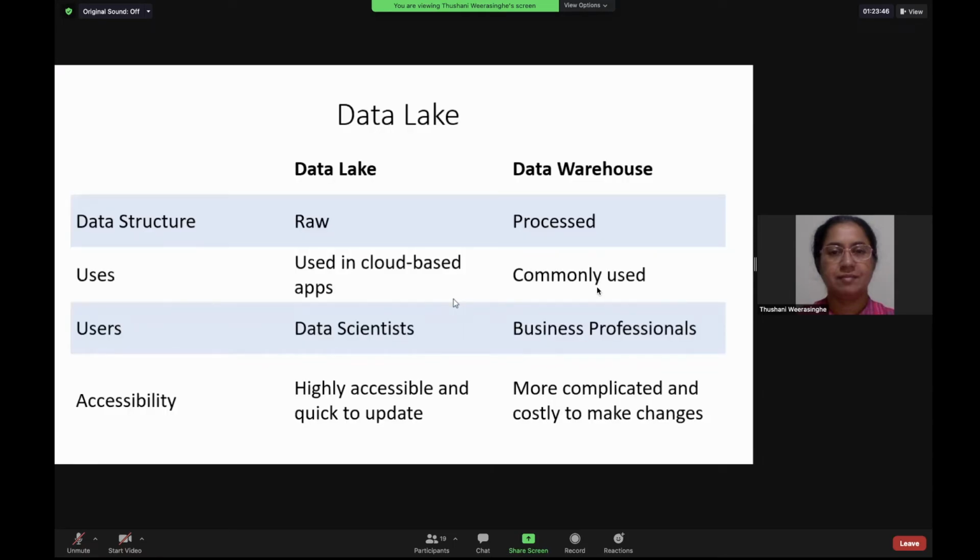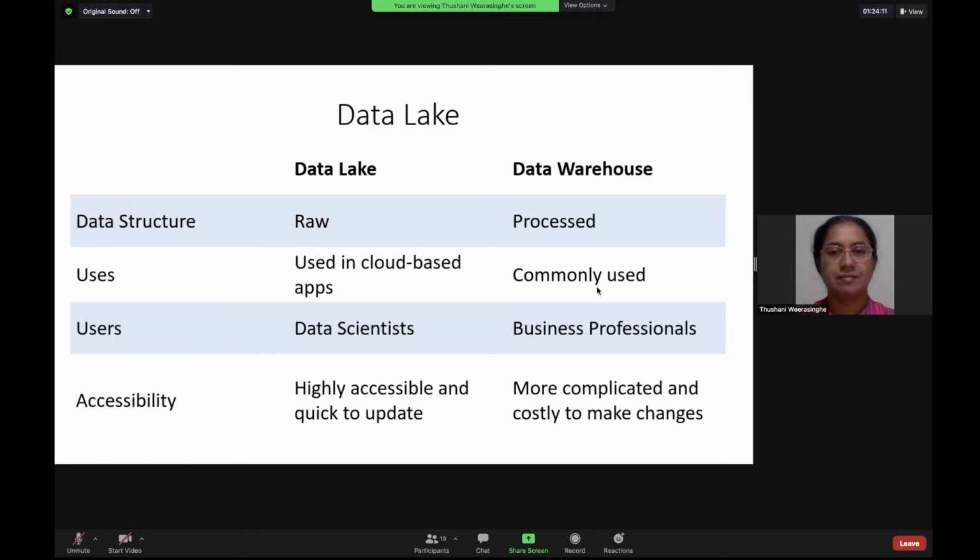And then we have a comparison of data lakes and data warehouses. Where you have the data lakes, you have the raw data. If you think about the data warehouse, you have the processed data. Why? Because with data lakes, you are duplicating and replicating the data and then just collecting the data there. And this is for cloud-based applications.